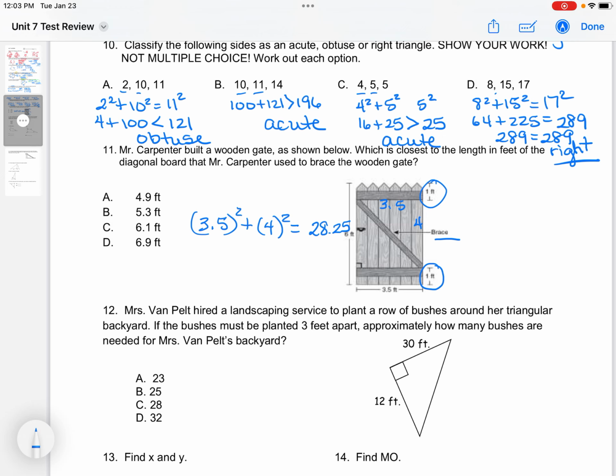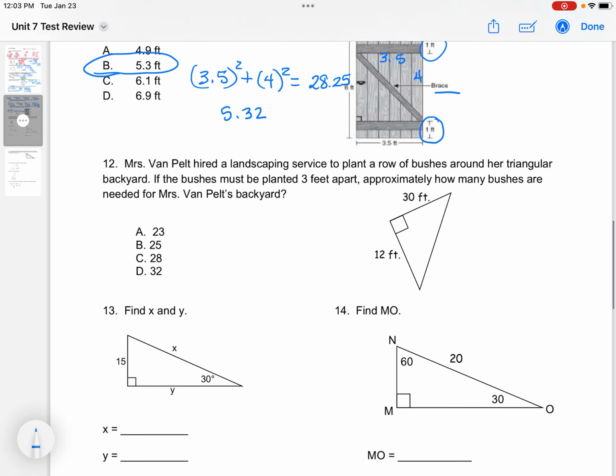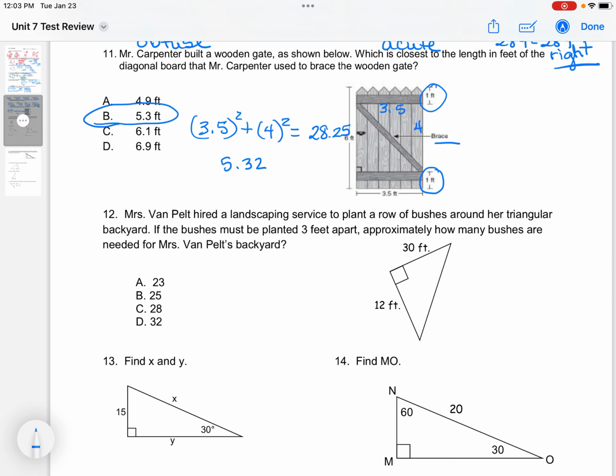And then I get 5.32, which is B. All right.